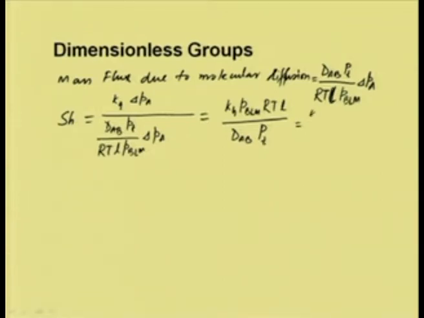We can write Kc L PBLM divided by DAB PT.